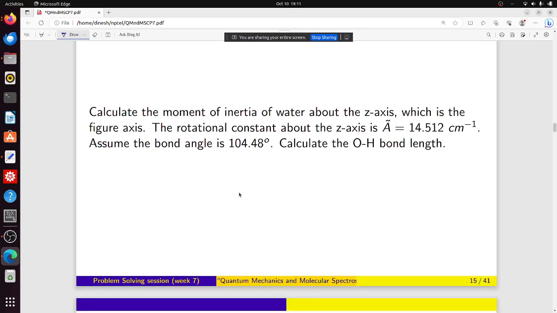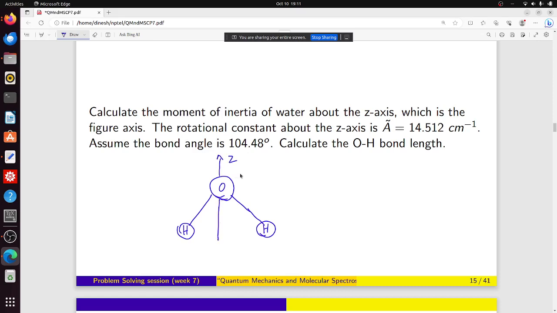So we have a water molecule. It will have one oxygen and two hydrogen atoms. It is oriented around the z axis.